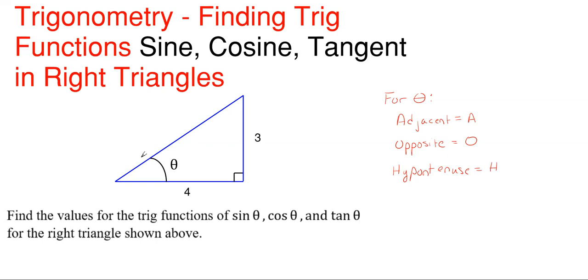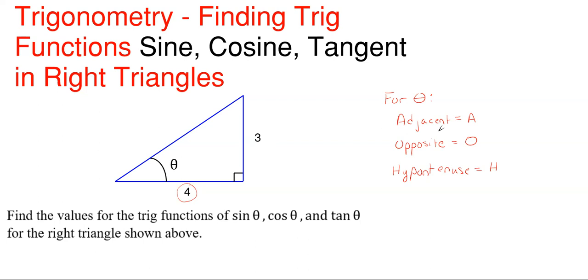So looking at this angle here, placed in this bottom left-hand corner, adjacent means the side that makes up the right angle that is right next to that theta angle you're looking for. So this is our right angle, and there are two legs that make up this right triangle, this vertical one of 3 and this one of 4. But the 4 is the adjacent one because that's where the angle is being measured.